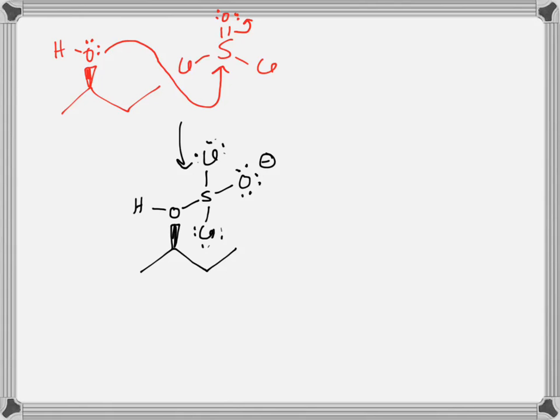That sulfur now has 4 electronegative groups attached to it. It doesn't like that. So what it does, we'll grab the electrons back from our negative oxygen. Why would it grab them from the negative oxygen?